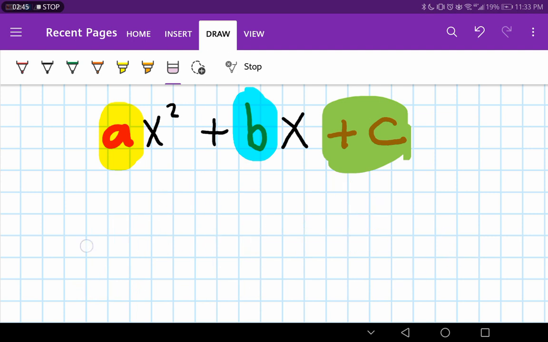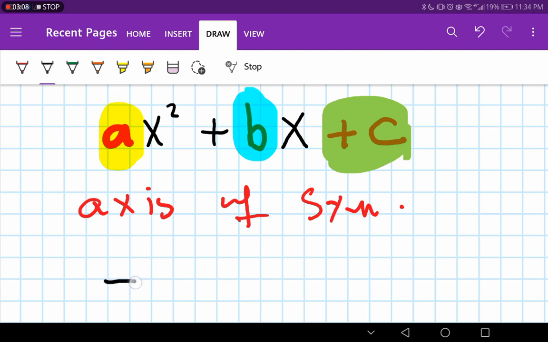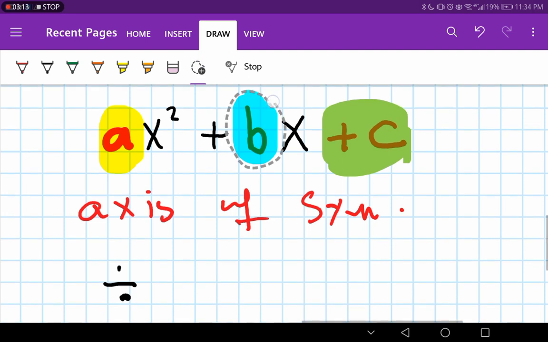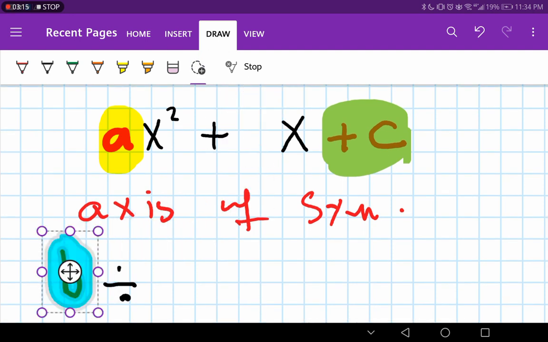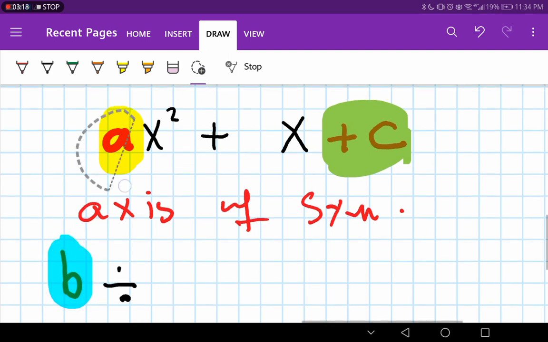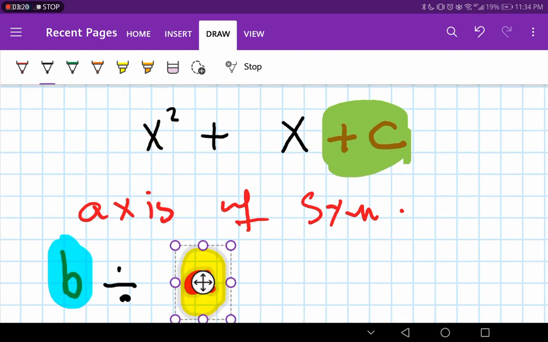Okay, me too. Now, how do we find the axis of symmetry? For the axis of symmetry equation, you just divide B by A. You divide the number that sticks with the x by the number that sticks with the x squared.